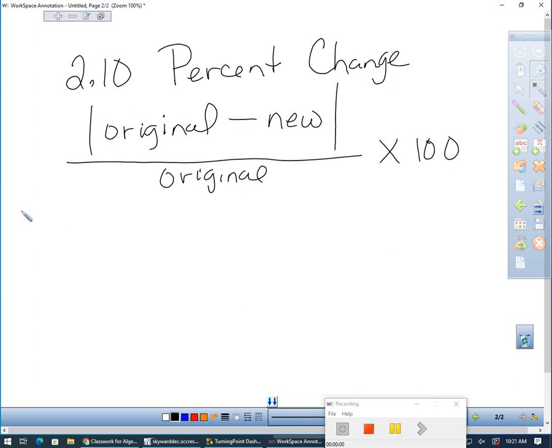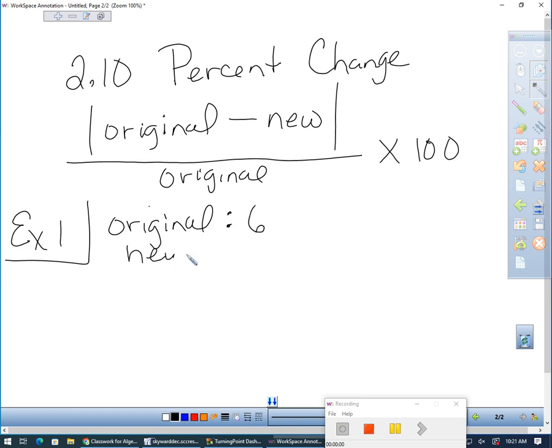So here's example number 1. Let's say our original, it's going to have a little colon in your book, maybe the original is 6, and the new is 8. We're going to start by making an absolute value.